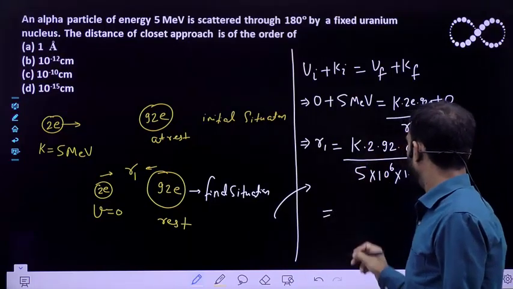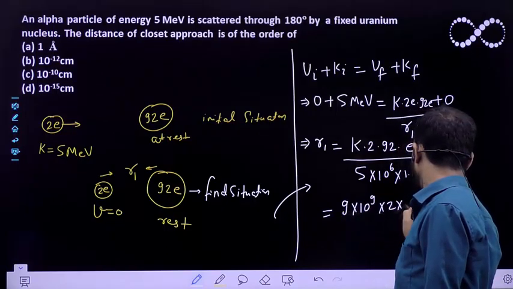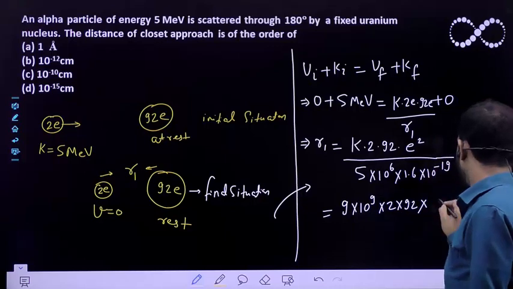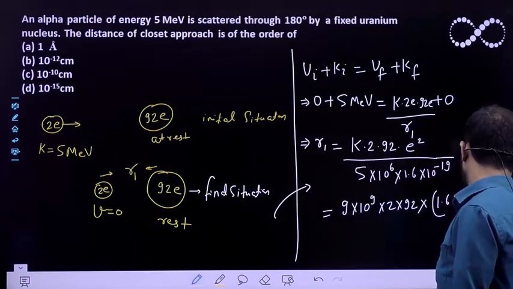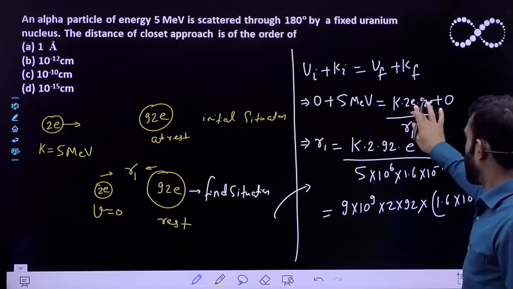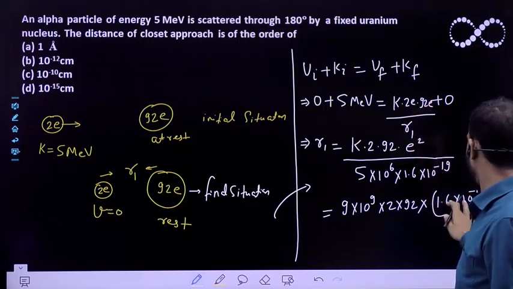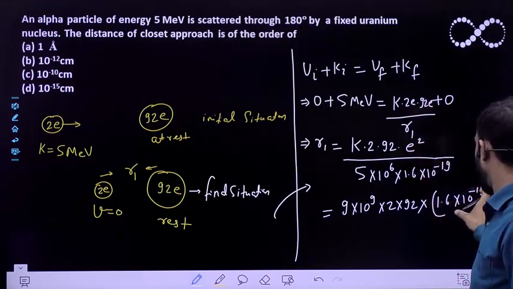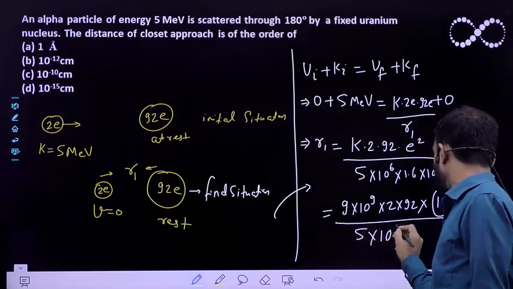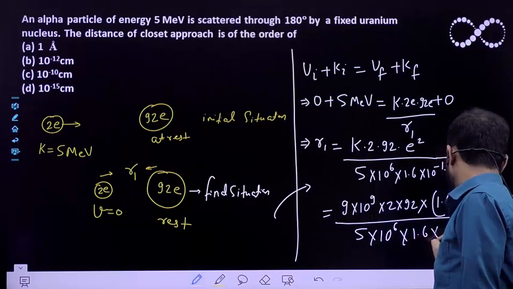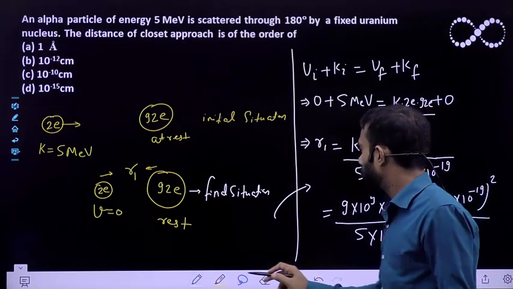The value of K you can put here, that is 9 into 10 raised to power 9, times 2 into 92 into e square, that is 1.6 into 10 raised to power minus 19 squared, because I am taking everything in the SI system. The value of e is 1.6 into 10 to the minus 19 coulomb, divided by 5 into 10 raised to power 6 into 1.6 into 10 raised to power minus 19.